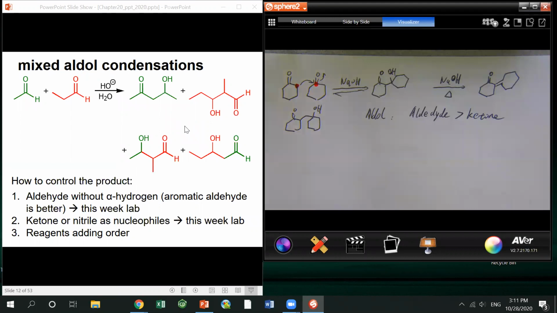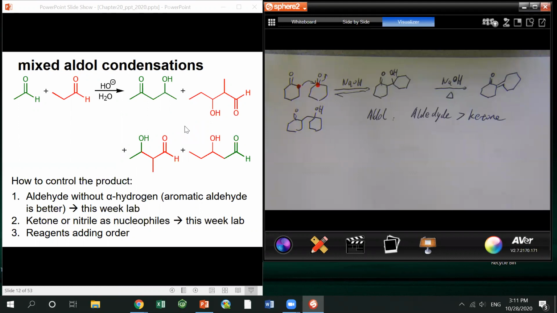All right, and then there's a very interesting topic, mixed Aldol condensation, also called the cross Aldol reaction. If you have two different aldehydes or ketones in one pot and you try to do the Aldol reaction, normally you can generate all the possible products. Here is one example: we have acetaldehyde and propanal. Each molecule has its own alpha carbon and carbonyl carbon.